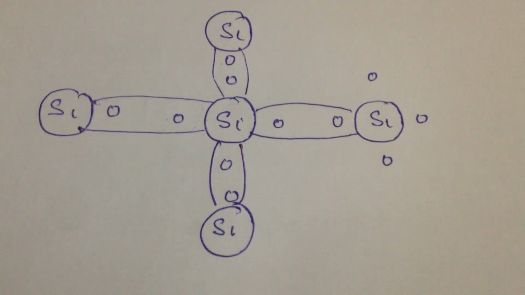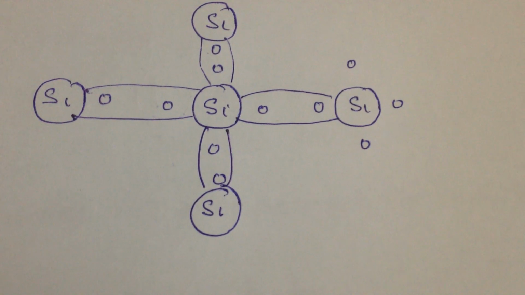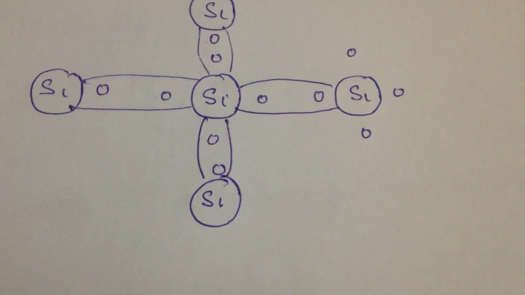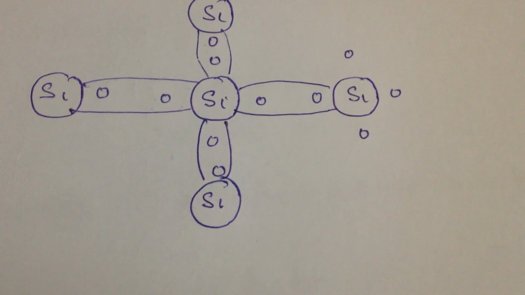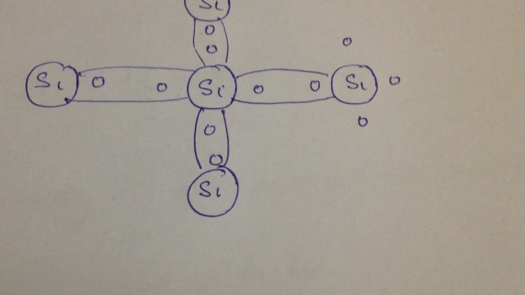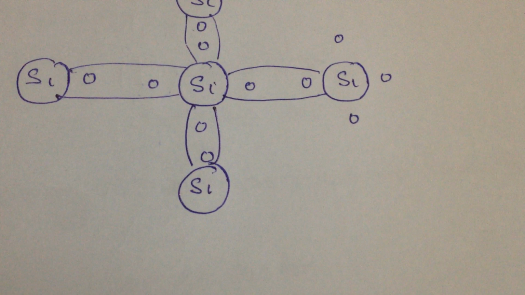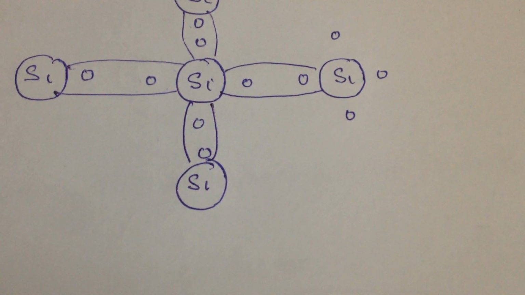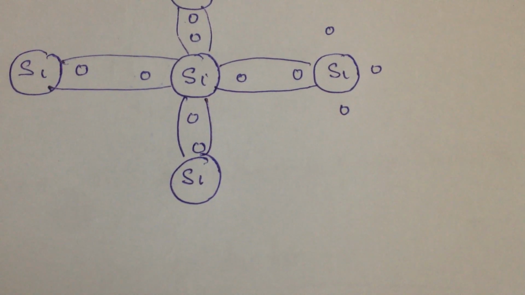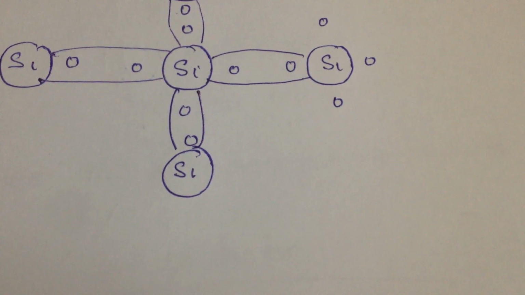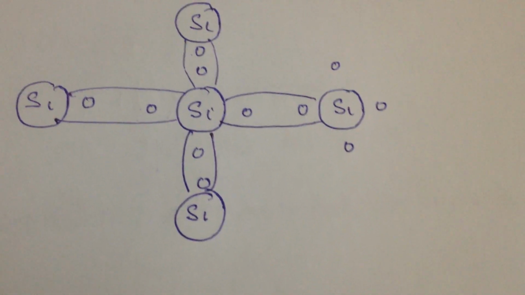But in pure silicon, some covalent bonds are broken due to thermal agitation, and thus some free valence electrons exist at room temperature. When you apply an external electric field, the electrons flow opposite to the field, and conduction takes place in the intrinsic semiconductor.